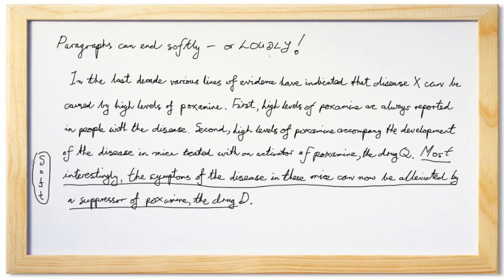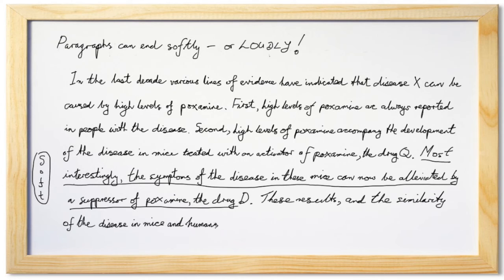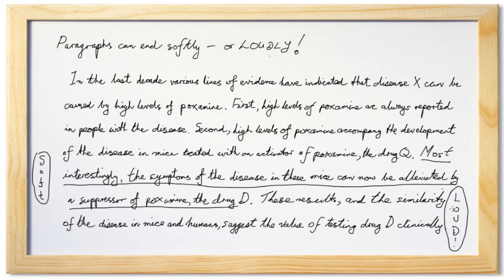But compare that ending with this one, where the sentence now follows our current final sentence. "These results and the similarity of disease X in mice and humans suggest the value of now testing drug D in humans." This sentence is much more dramatic because it does something that the previous final sentence didn't.